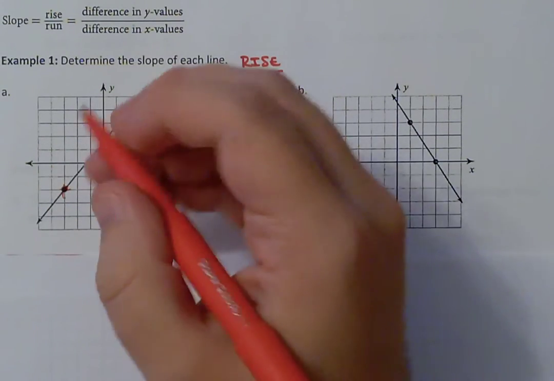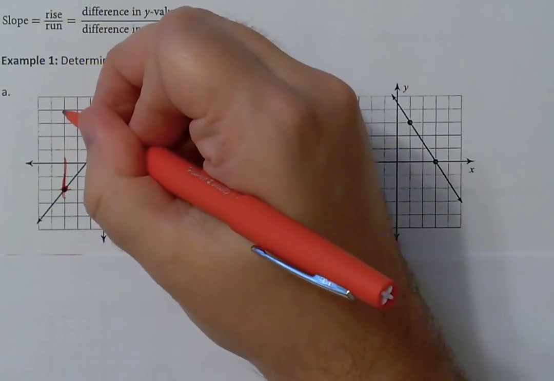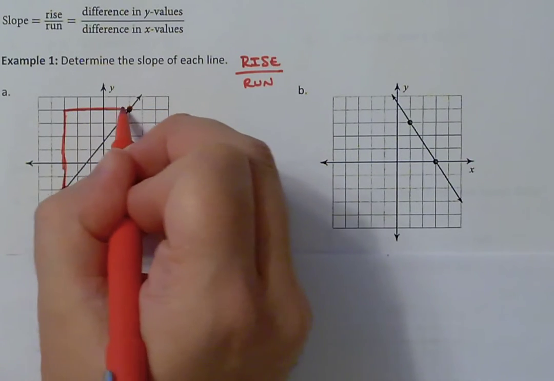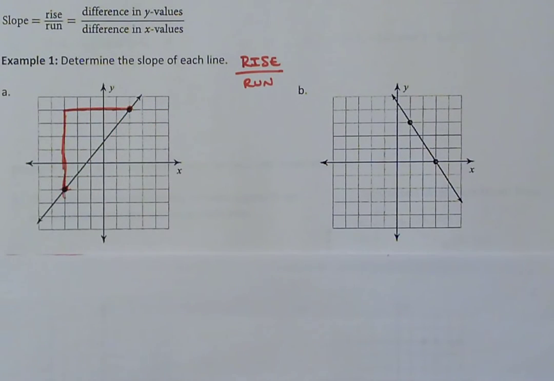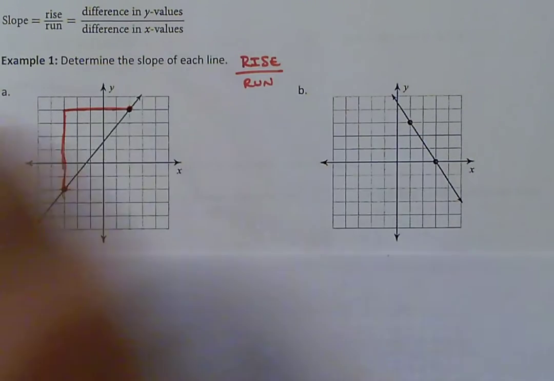So I'm going to create a path going from that point to this point by going this way. So when you create your path, we can't cut corners. We just have to go up and then to the right, or down and to the left, whatever it may be. So this is my path, so I need to figure out how much this goes up by.